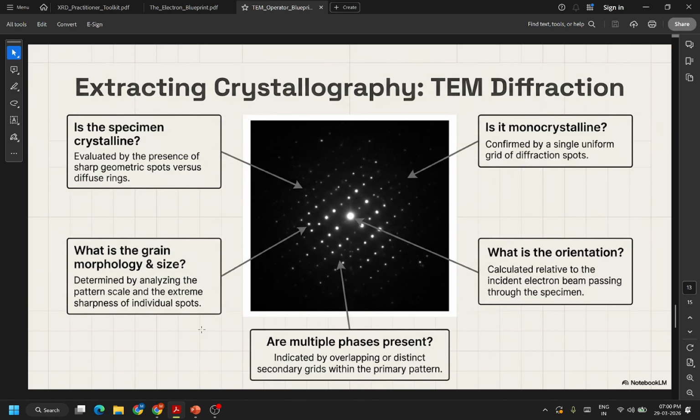And you can also see if multiple phases are present, which is indicated by overlapping or distinct secondary grids within the primary pattern. Different phases will have different grid types, which can overlap each other if multiple phases are present. That we can figure out.